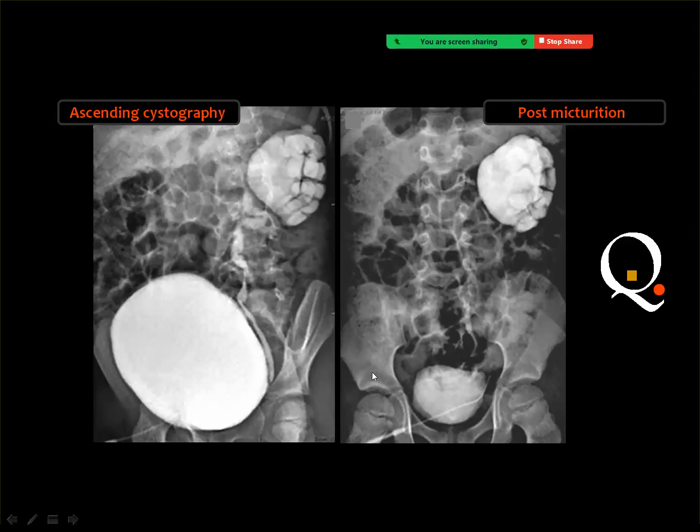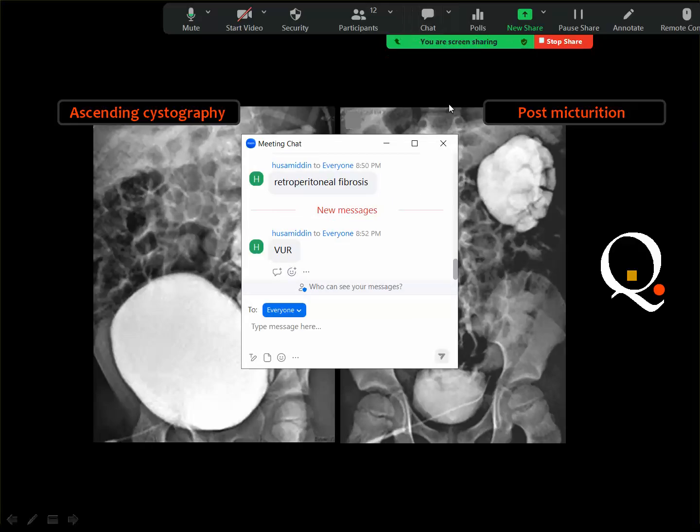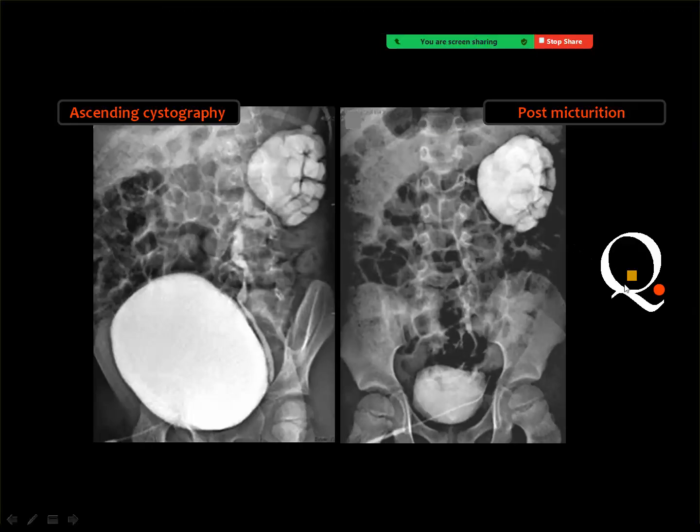Okay, and you see that the contrast material has passed through the ureter to the collecting system during ascending cystography, and this is vesicoureteric reflux grade 5, because the ureter is dilated and tortuous, the pelvicalyceal system is ballooned.